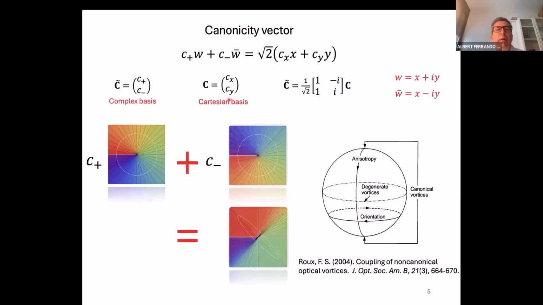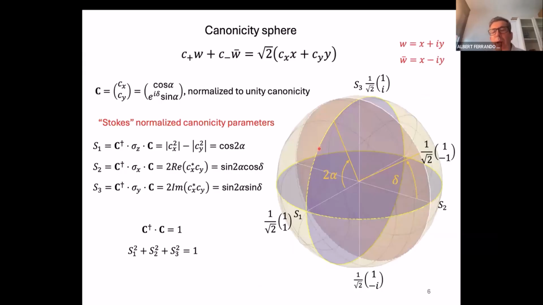Then it's very easy to check, and it was already seen in this paper before, that these two numbers, even if you work in the complex basis or the Cartesian basis, form a spinor, in which it's very appealing that any non-canonical vortex can be considered a linear combination of a canonical vortex with positive charge and a canonical vortex with negative charge. So somehow we are already seeing that we can do mathematically many things that should look familiar, associated to the polarization of light, despite talking about just scalar fields.